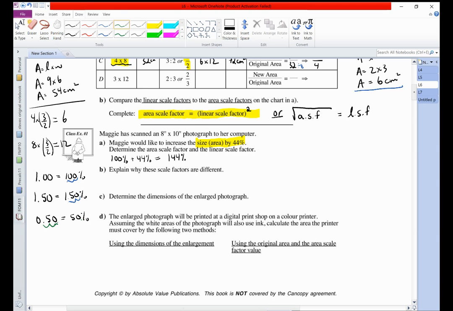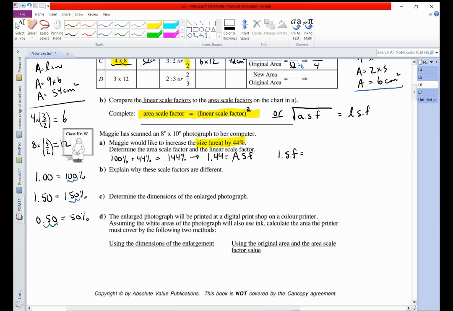So in this case, if we have 144% and we want it as a decimal, we would say 1.44. That's the area scale factor as a decimal. So if that's our area scale factor, we want to find the linear scale factor as well.